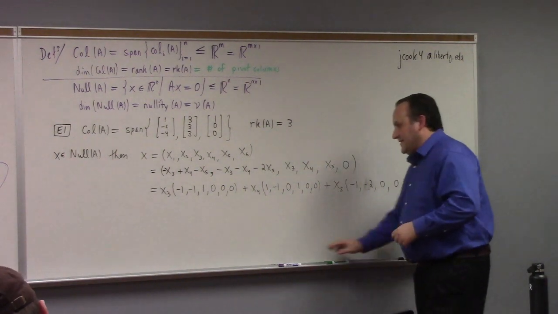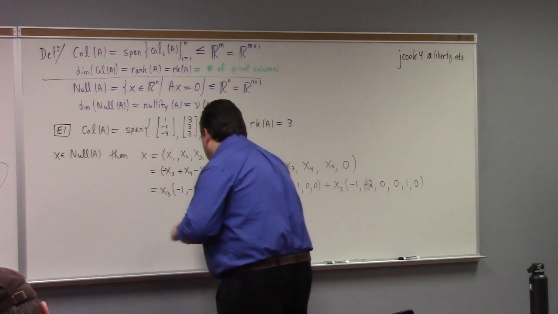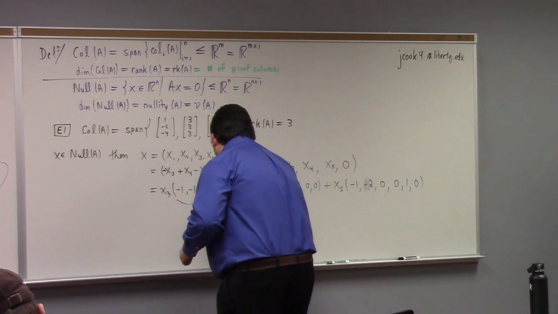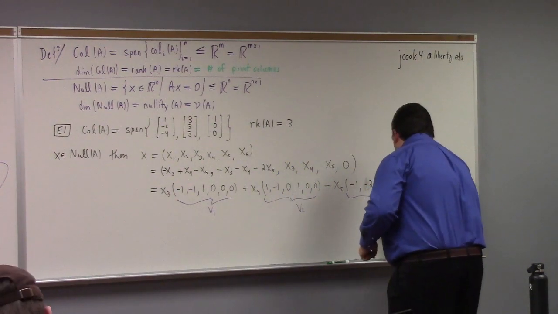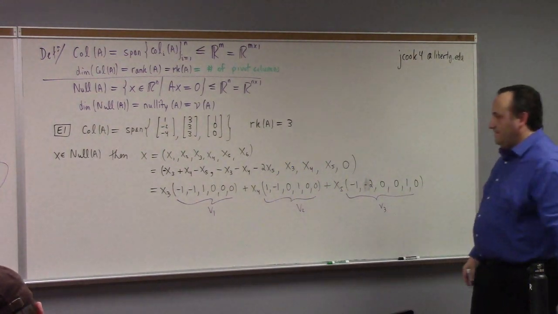Let me give these things names so I don't have to write them again. Let's call this V1, this V2, and this V3, all right?